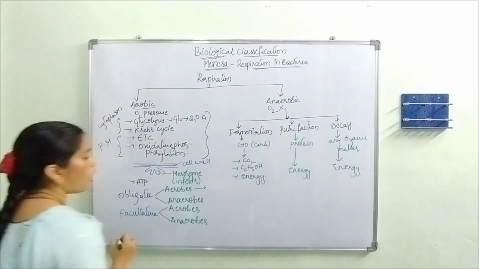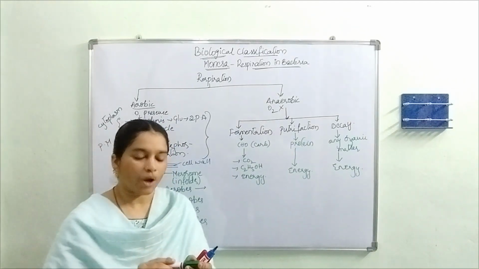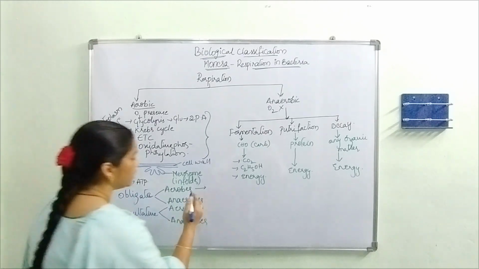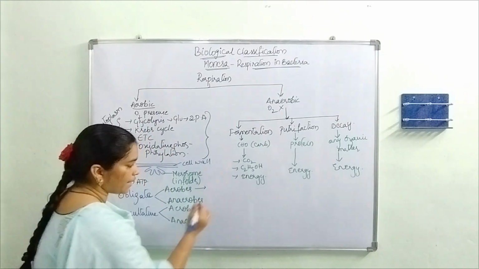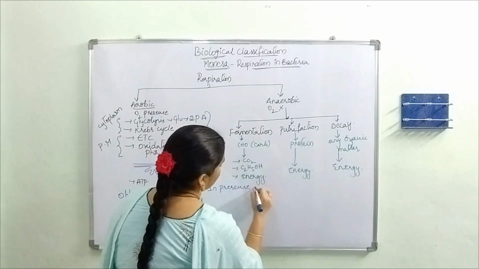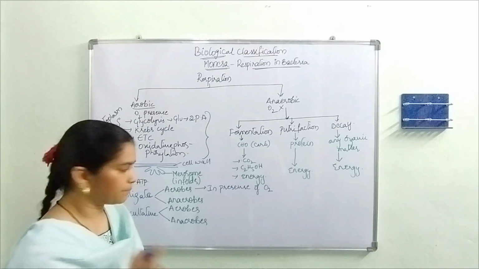Now, what are obligate aerobes? These are strict organisms which can only survive in the presence of oxygen. Without oxygen, they die.